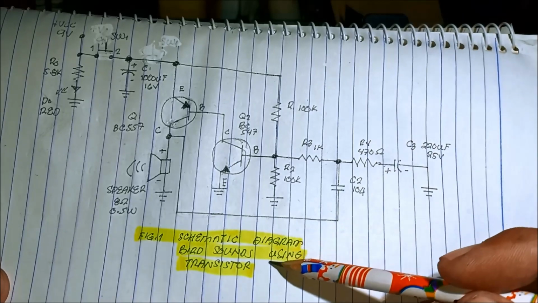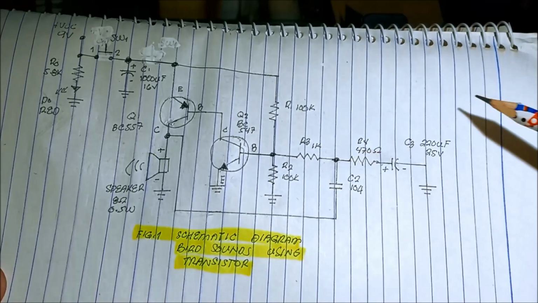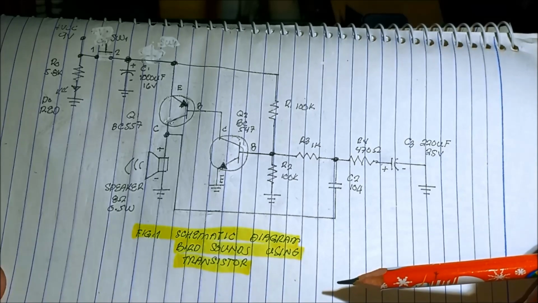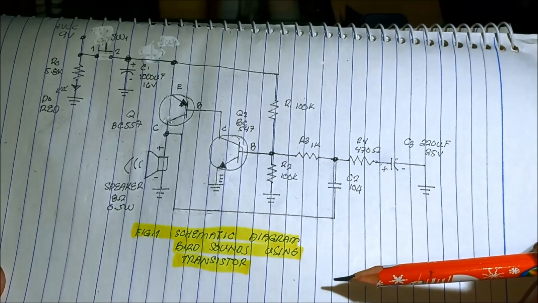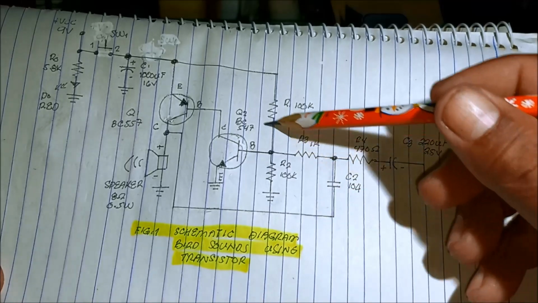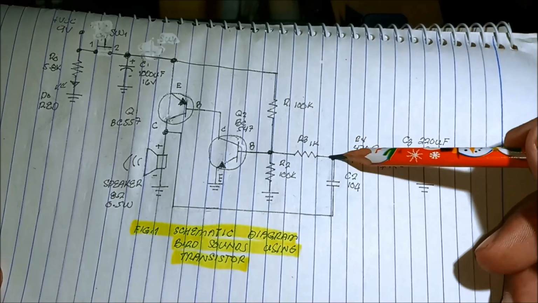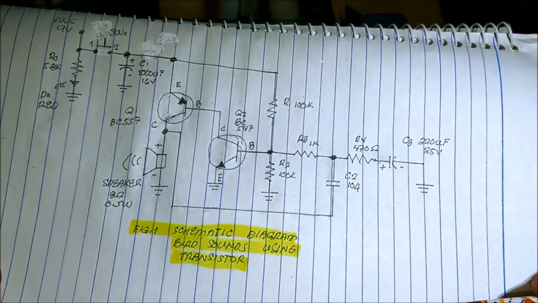Why is it that we produce a bird sound using this circuit? It is due to the configuration of the two transistors with the help of the capacitor. It is an oscillator.